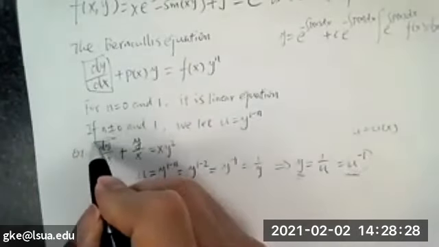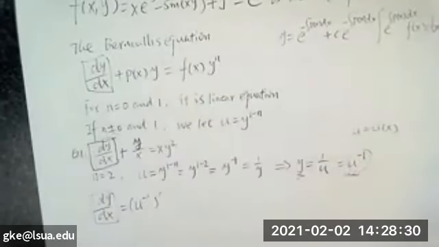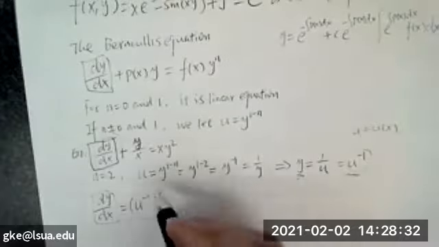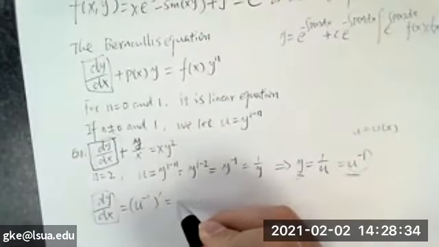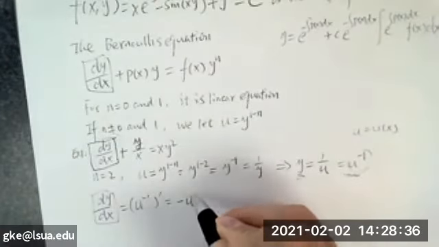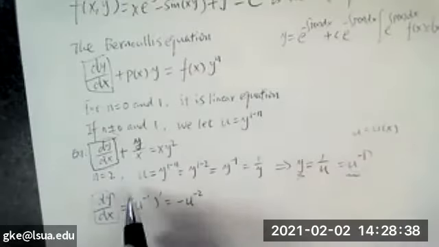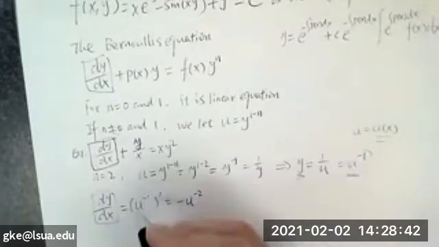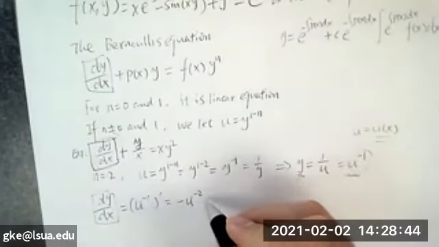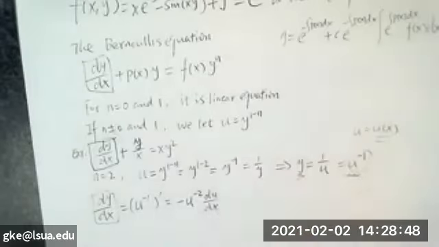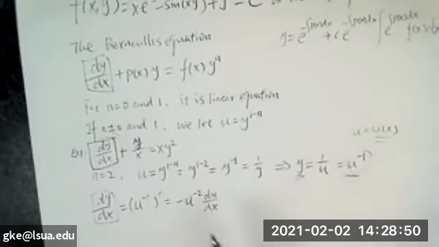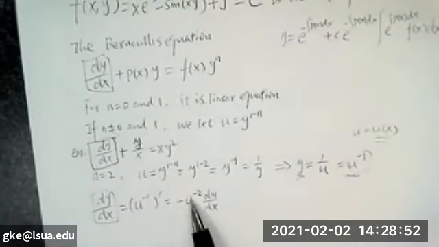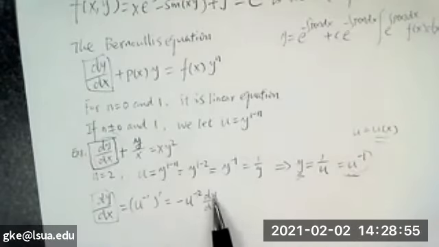It's going to be a power law derivative of this guy, and since this is a composite function, we take the derivative first, and then du over dx.